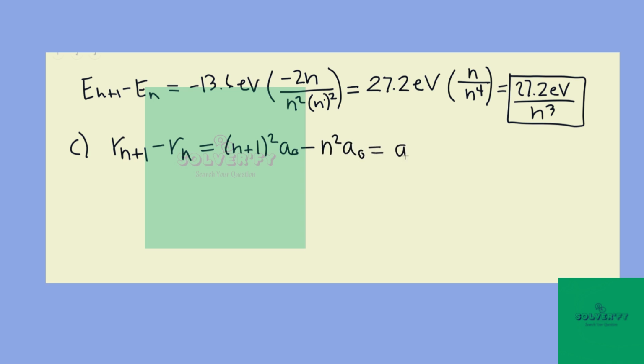A bit of algebra, and expanding the quadratic, we have n squared plus 2n plus 1 minus n squared, which gives us the expression a naught times 2n plus 1. So we see that the difference in these radii actually increases with n. Between any two adjacent levels, the difference in radius is increasing with n. So that doesn't actually approach any limit. That is diverging with n.